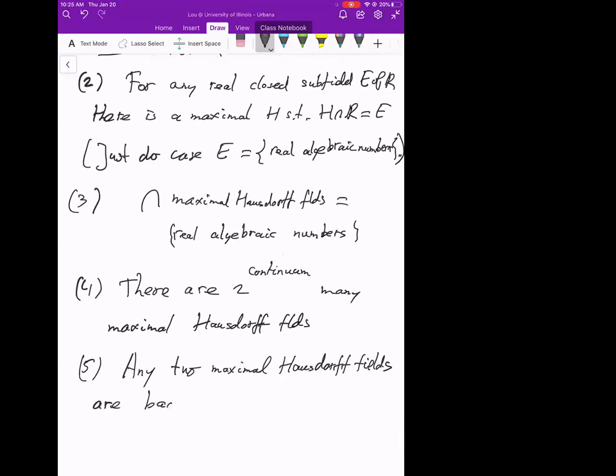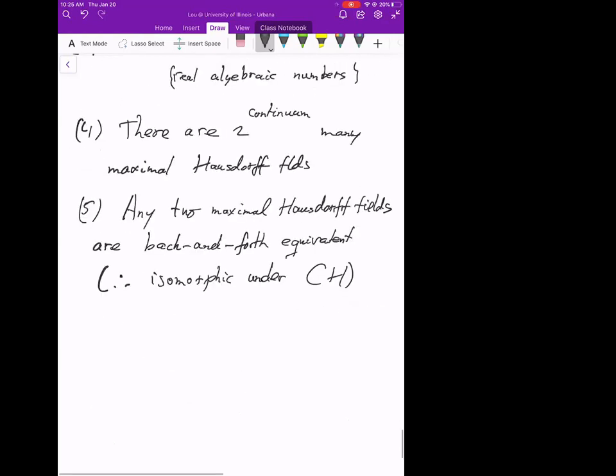Back and forth equivalence, and therefore isomorphic under the continuum hypothesis. This goes a bit too much in the set theoretic direction, but I thought it would be good to at least mention these things.